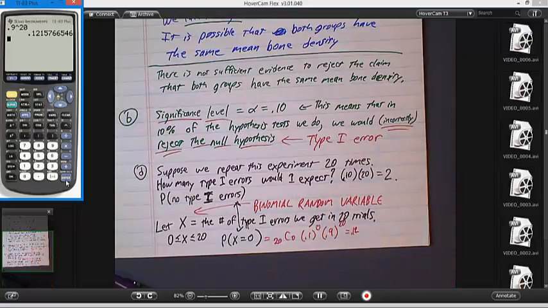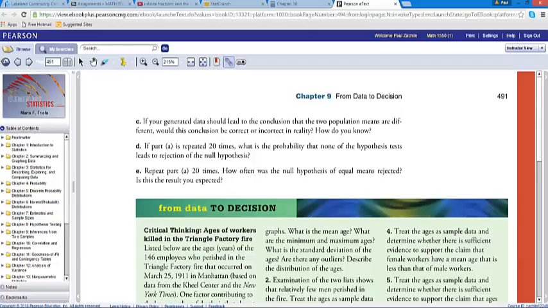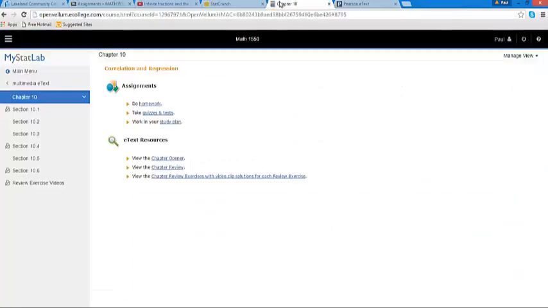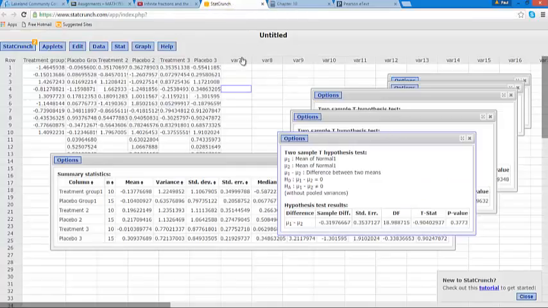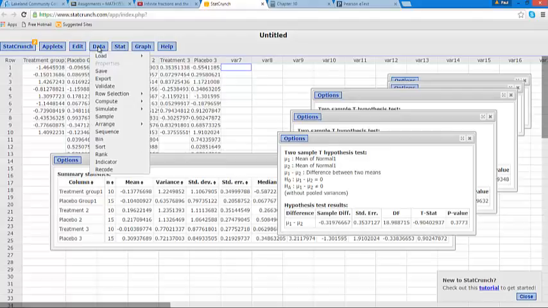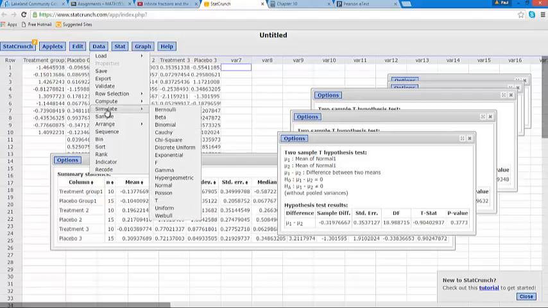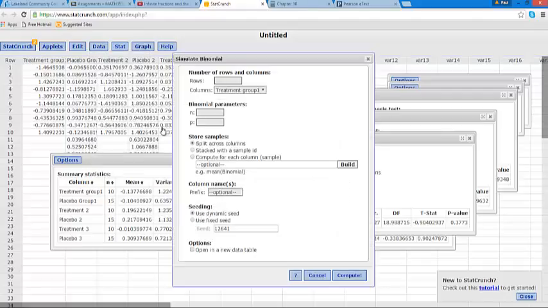I'm going to show you how to do that on StatCrunch as well. What we have is a binomial random variable. So I can go to StatCrunch and I can ask it to do, well, Data, and let's do Simulate a binomial random variable.